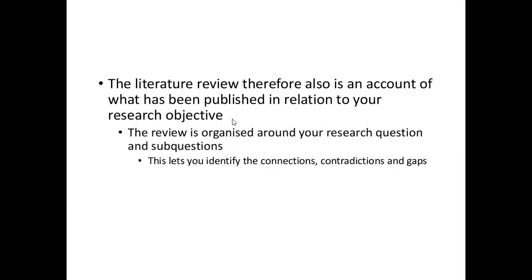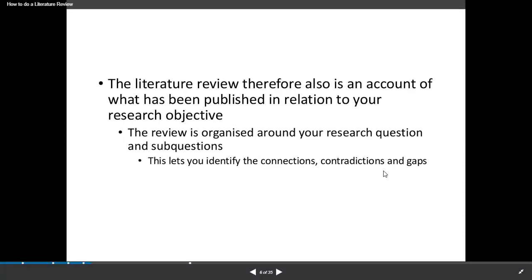Number two, the review is organized around your research questions and sub-questions. And of course, about the objectives, right? So based on your research questions and your research objectives, you're going to create your categories, for you to see connections, maybe contradictions, and maybe gaps.